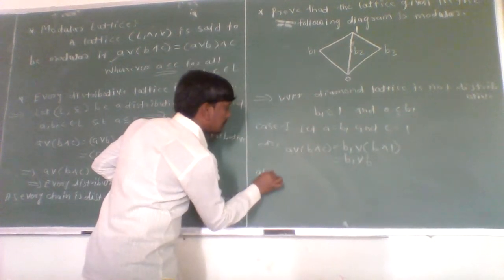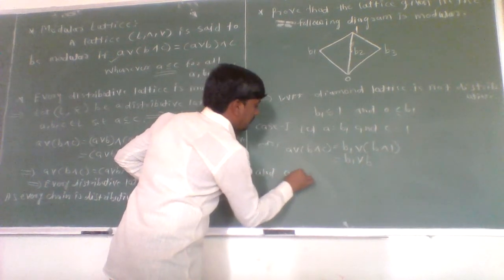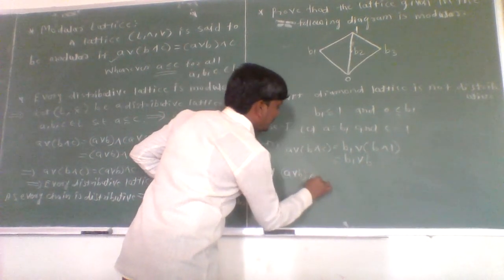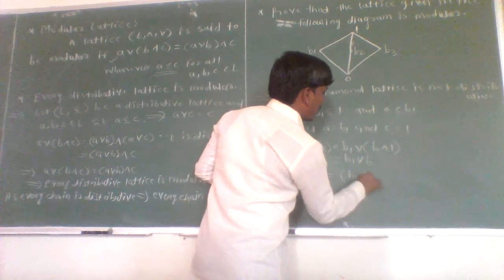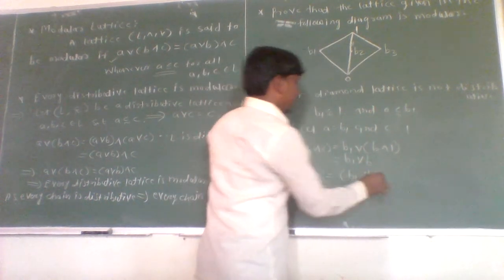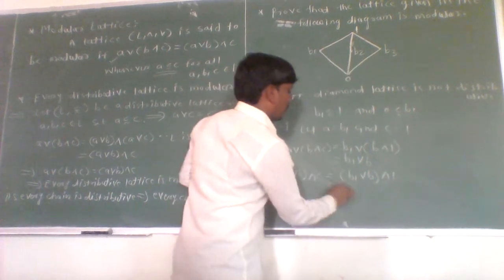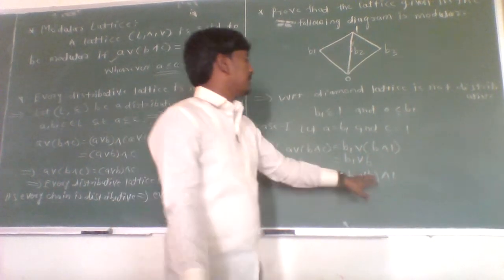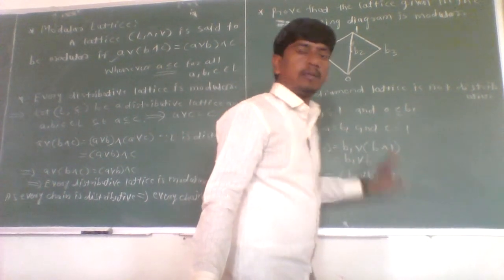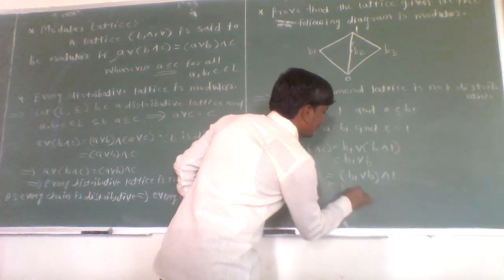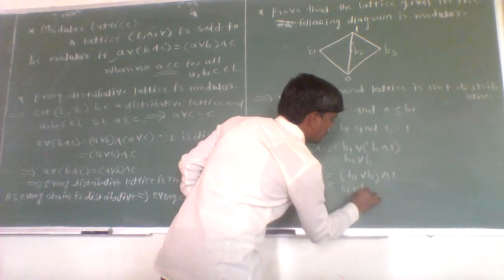And a join b, then meet c, is b1 join b, then meet 1. Since 1 is the greatest element, that is again b1 join b.